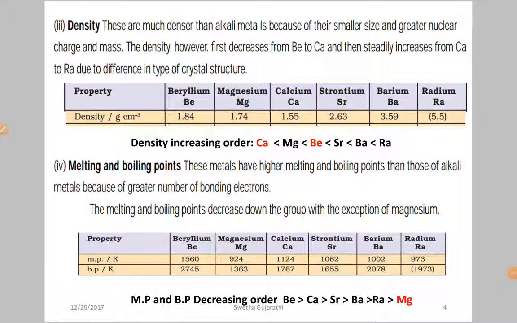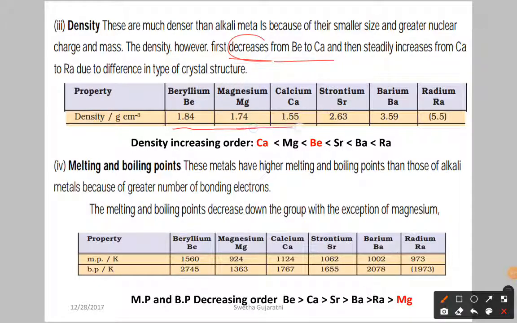You can see that from beryllium to calcium, first there is a decrease, isn't it? The values you can see here, there is a decrease. After that there is an increase. So what is the reason here? It depends on the crystal structure.